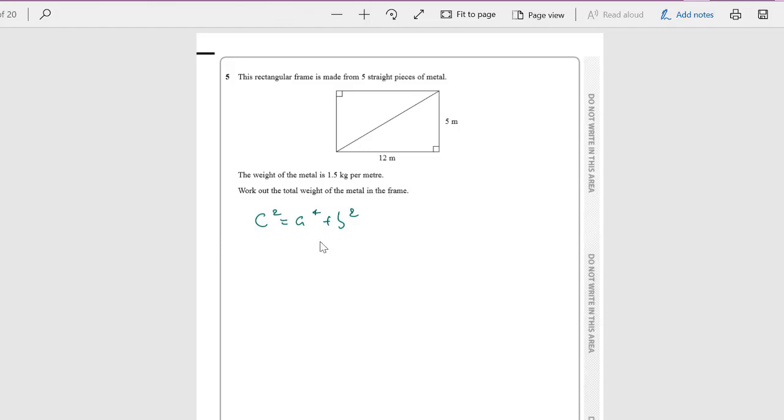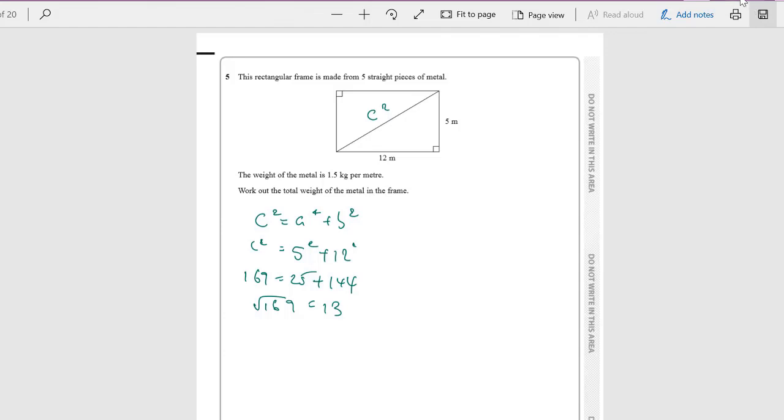So in this case we're going to have 5 squared plus 12 squared equals c squared. Let's call this c squared. So this is 25 plus 144, which gives us 169. So if we square root 169, we get 13. Remember, we get a plus and a minus 13, but obviously because we're talking about physical space here, then it's going to be the positive 13.